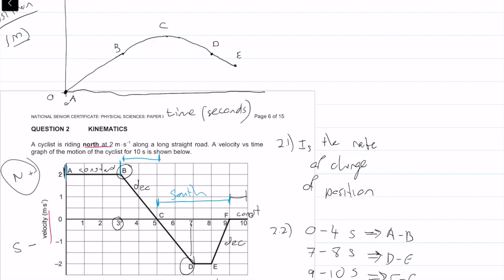So as you can see, the gradient here is about double the gradient that it was here, so we have to slow down quite quickly. So it's going to look, let's say, something like that. Nice sharp gradient. Okay, and then he is not moving, so the cyclist position would not change. That would be F, and that would be G.